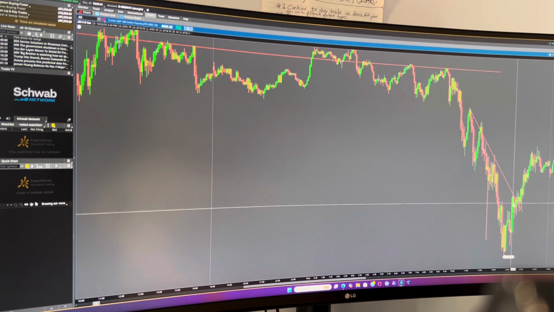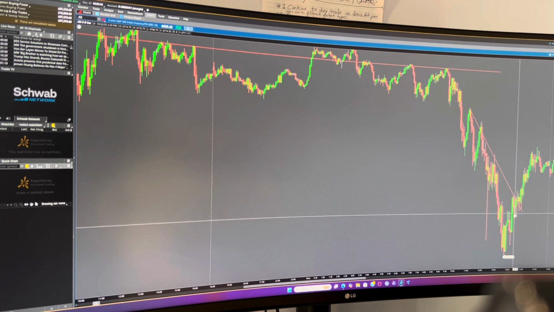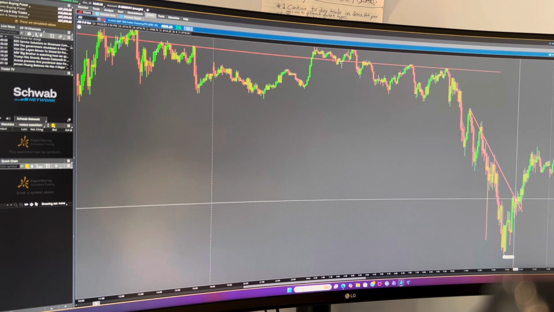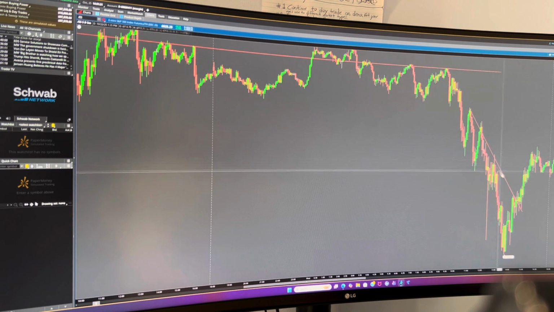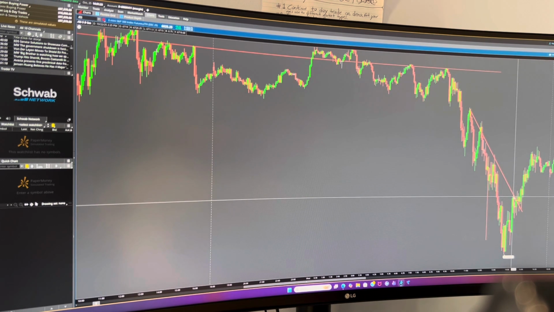So pushed up, rejected, came down, pushed up again. And then once this candle closed, I moved my stop down above this red wick. So I put it at 6720.50 because 6720.25 was the top of this wick.